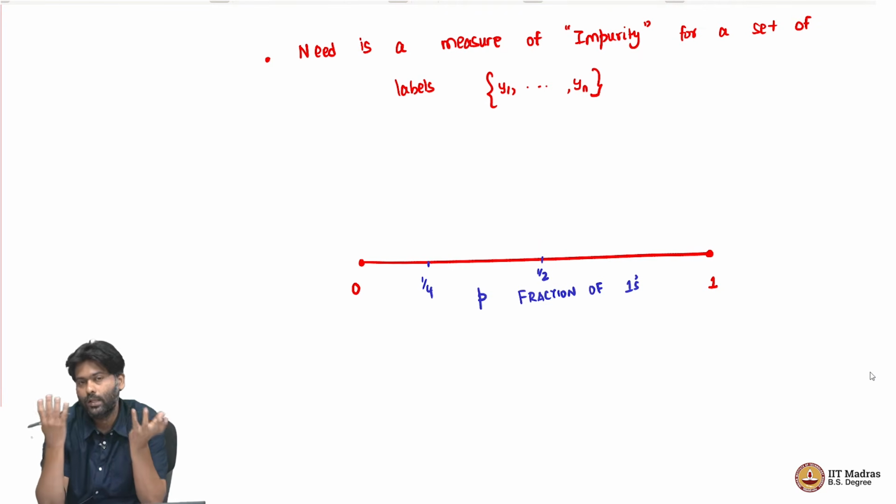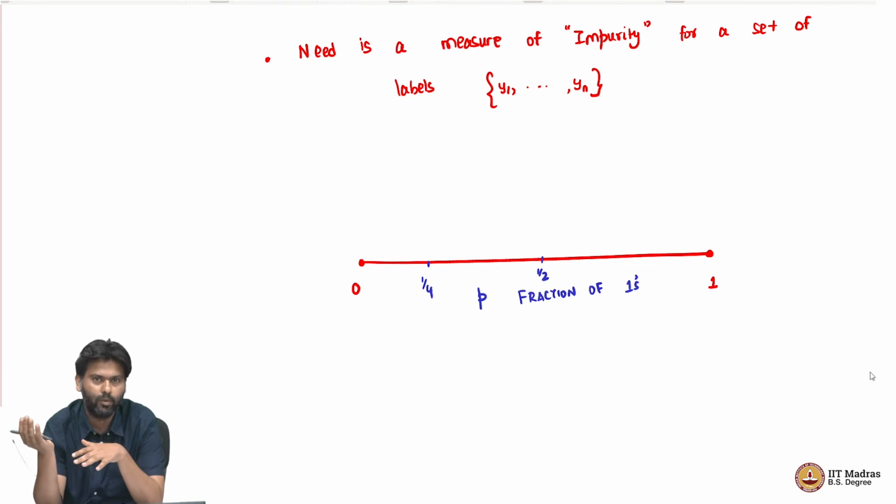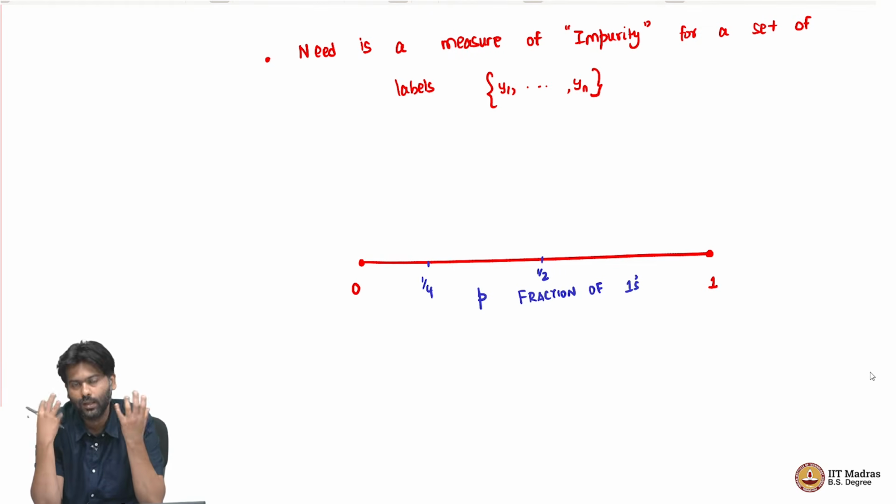There is nothing more sacrosanct about 1 than 0. So if you have 25% ones and 75% zeros, it is as impure as 75% ones and 25% zeros. Your uncertainty about what label this set of data points belongs to is the same. If I had to make a prediction, what would I predict is still confusing. It's the same amount of confusion you have.